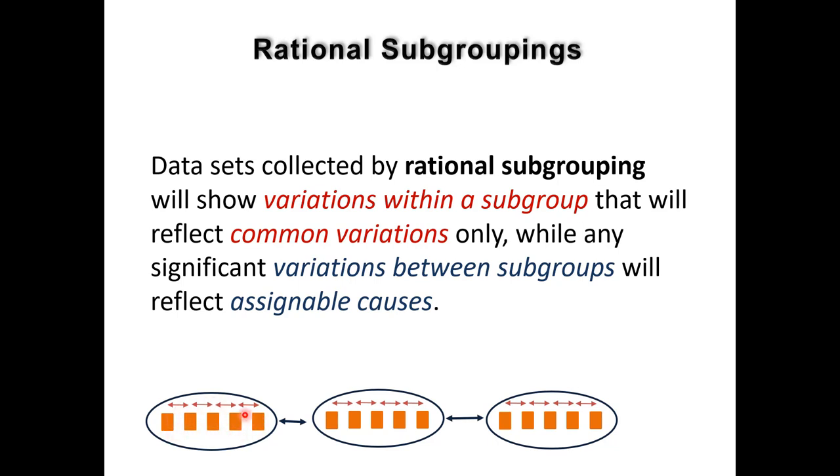And chance or common cause variation is not a problem. It will not lead to a problem to your process. It does not show that your process is having a problem. So if chance causes occur between individual measurements within a group, it will still keep your process stable.